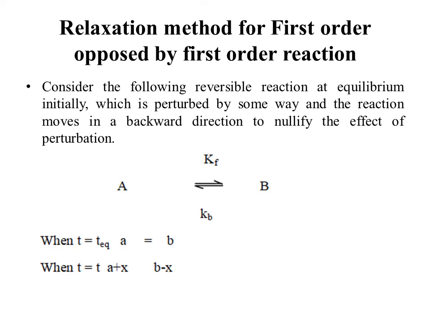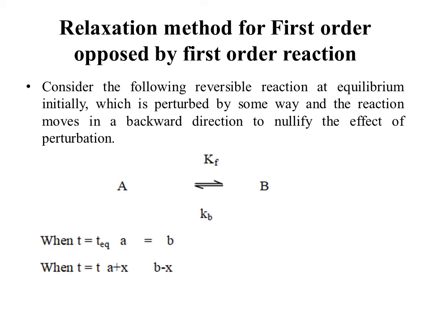When the time is equal to t, the concentration of A becomes a plus x and the concentration of B becomes b minus x. Since the reaction was perturbed, the reaction goes back, so the concentration of A will increase and the concentration of B will decrease.